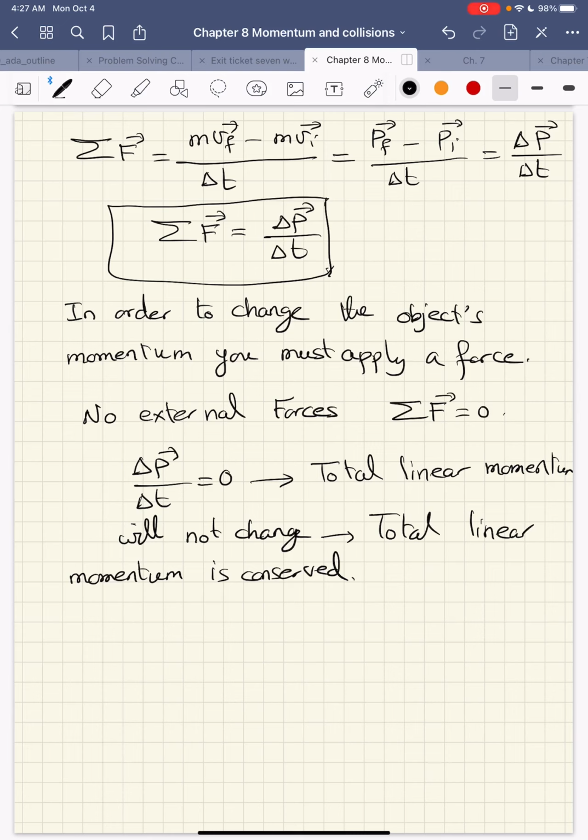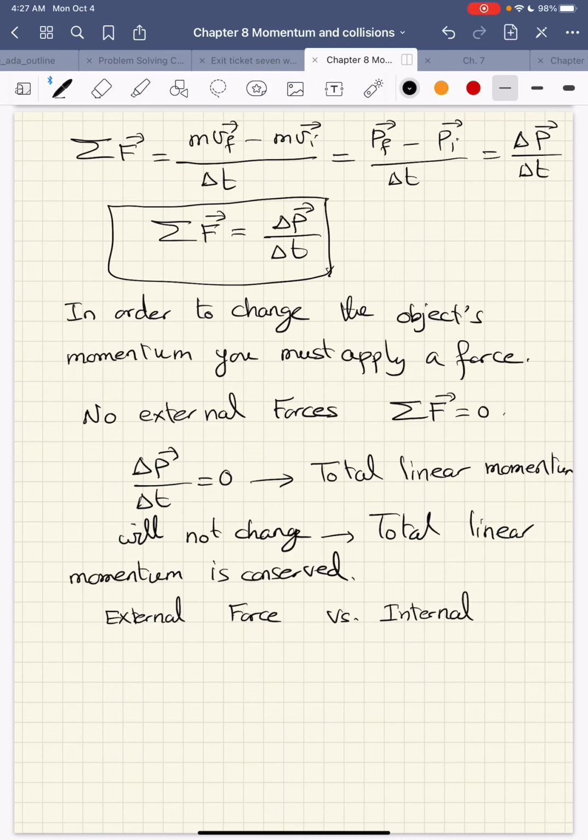Now we will deal with situations where momentum does not change, and we will see that we can apply conservation of momentum. But I want to tell you there is something called external forces versus internal forces.